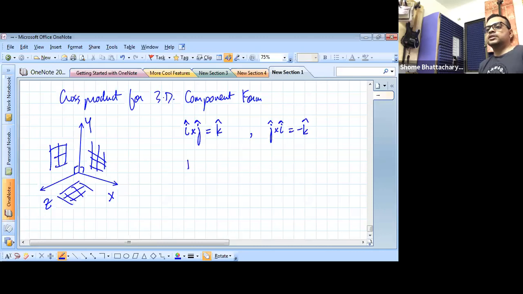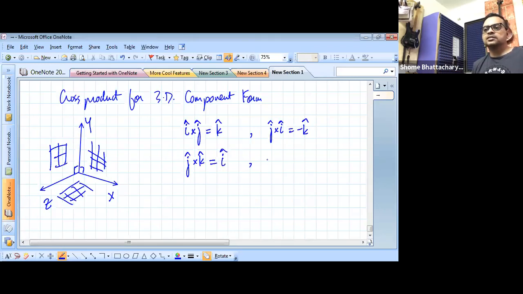Now look at this operation, j cross k, and see what it will give you. Point your thumb along the y-axis and your fingers along the z-axis and see where your palm is pointing. Just try this example by considering the xyz axes as the edges of the room in which you are sitting. You will understand. So it will be along positive i cap. If you point your thumb along this edge and your fingers along this z axis, you see your palm is pointing along the positive x axis. So this will become positive i cap.